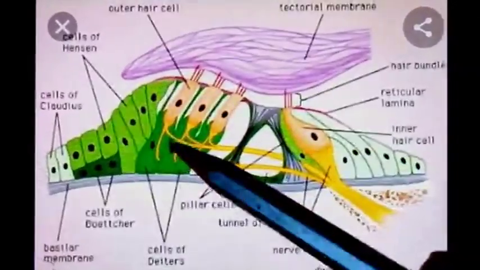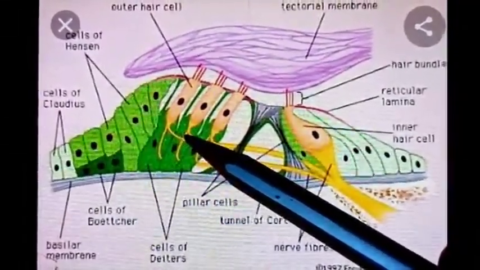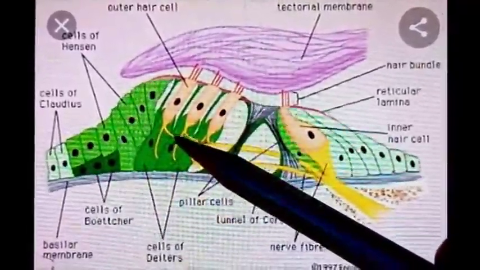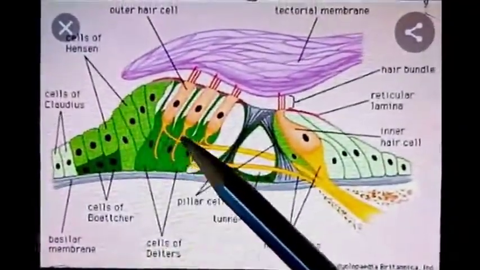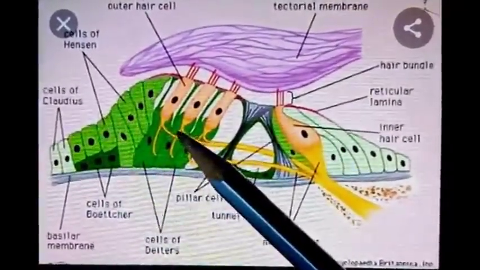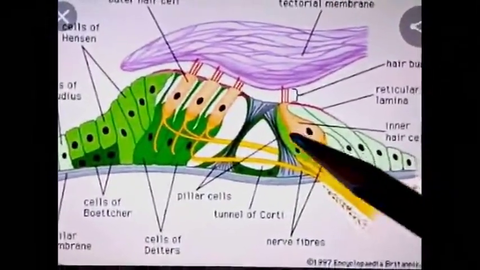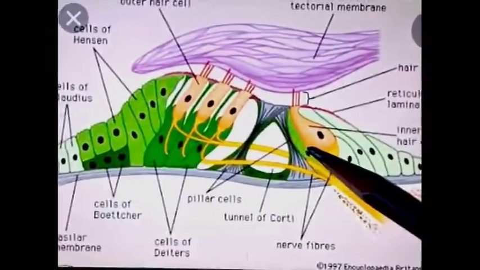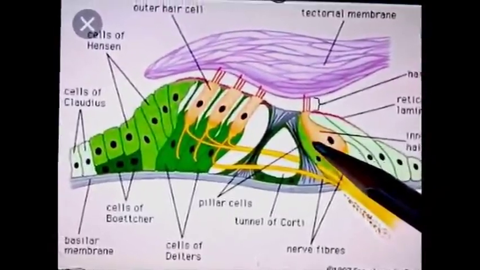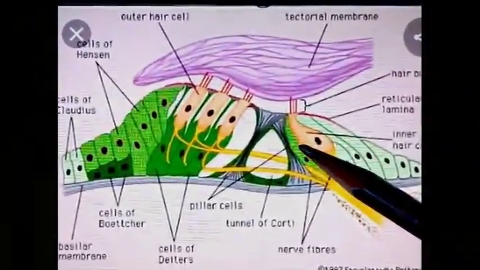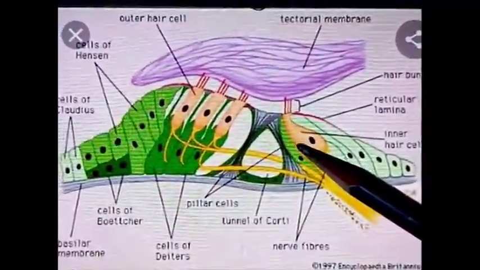Outer hair cells are more in number, about 12,000 at birth. The function of outer hair cells is to amplify low level sounds, and the function of inner hair cells is to transform the sound vibrations in the fluid of the cochlea into electrical signals that are relayed via the auditory nerve to the brain.